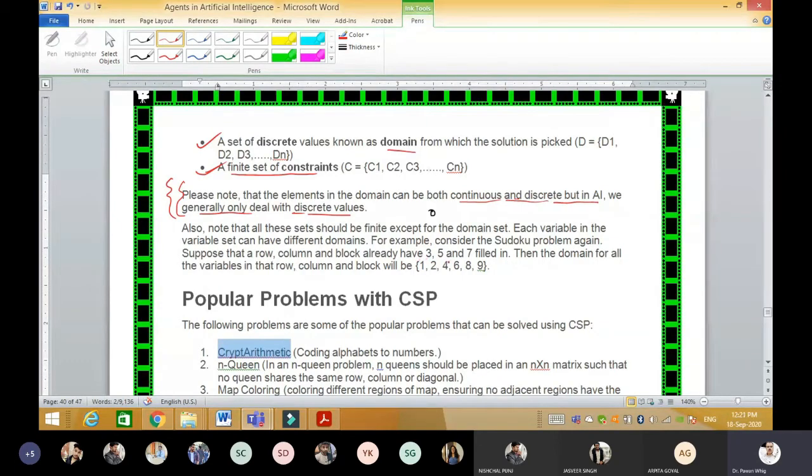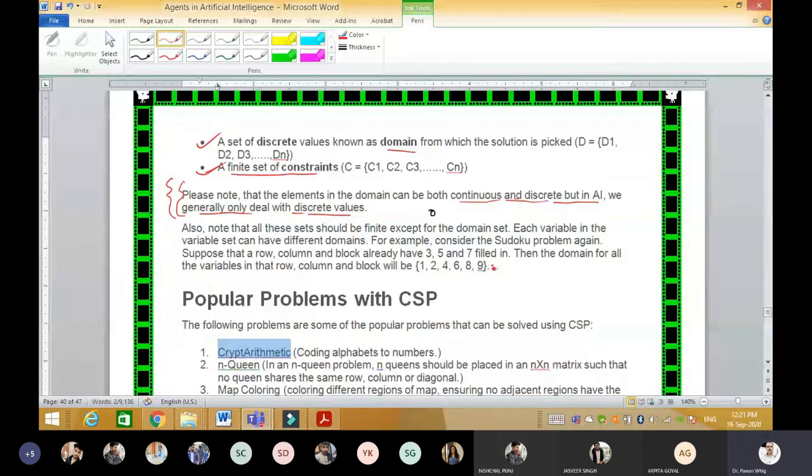So these numbers will not be given in the domain set, because these are already filled. Then the domain of all the variables in the row, column or block will exclude these numbers. This is the condition of the Sudoku game, that a number should not be repeated in a particular column or row. Okay.